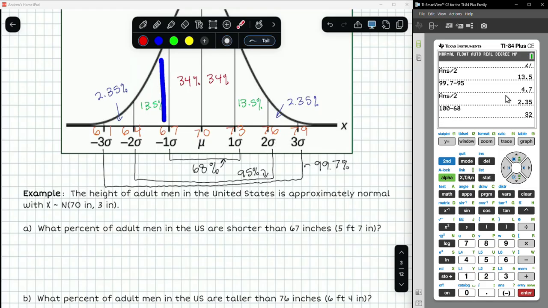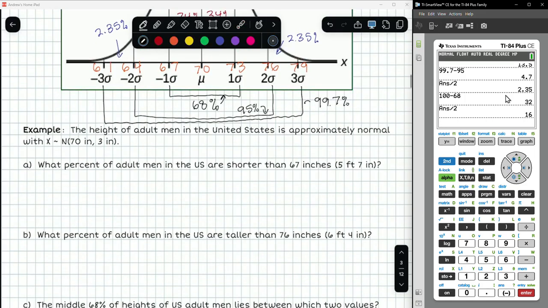So there's 32% in both of these tails, 68 in the middle. And then I'm going to cut it in half because I just want the less than 67 part. And half of 32 is 16. So I know that 16% of adult men in the US are shorter than 5'7".